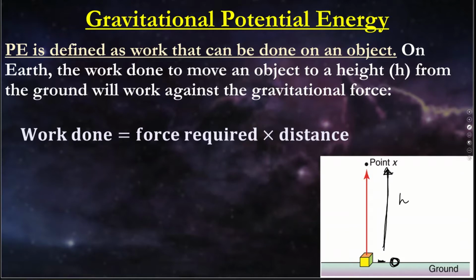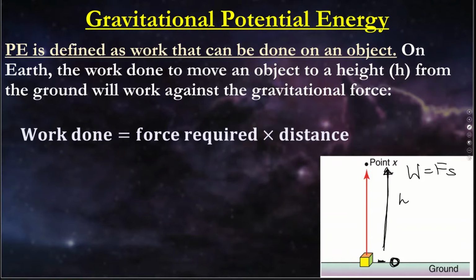Okay? And now we've got to try and establish the type of energy that would be forming due to this relationship. So what we know is work done is W equals Fs.